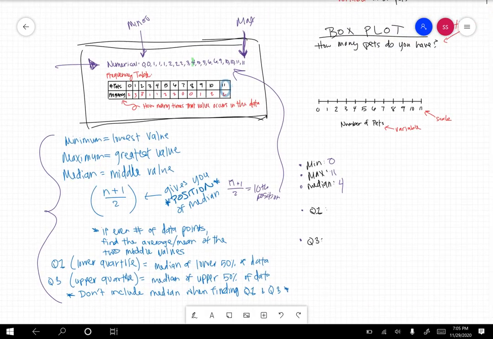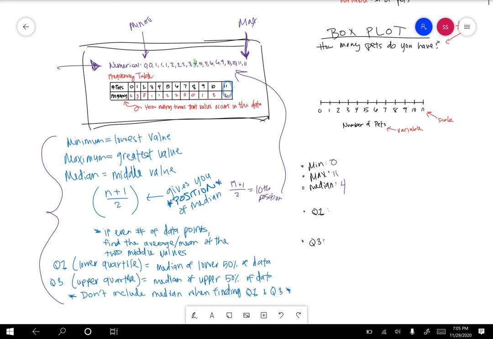Where were we? Oh yes, Q1. Q1, or quartile 1, or lower quartile, you'll hear it called any of those things, is basically the median of the lower 50%. If the median is the middle value, it means it's the 50th percent line. So 50% of your data is over here, 50% is over here.